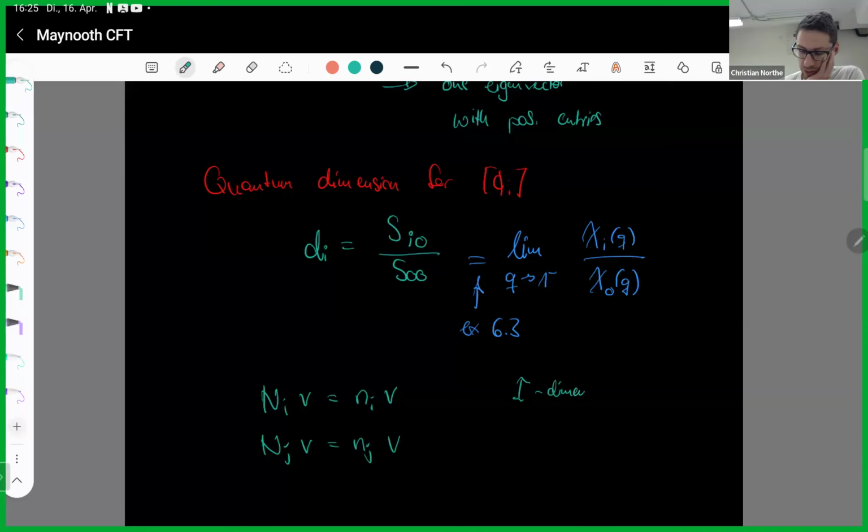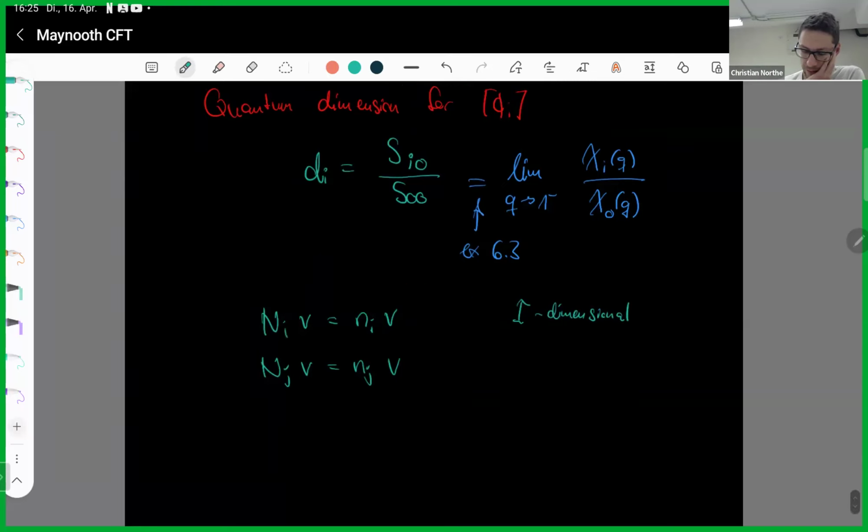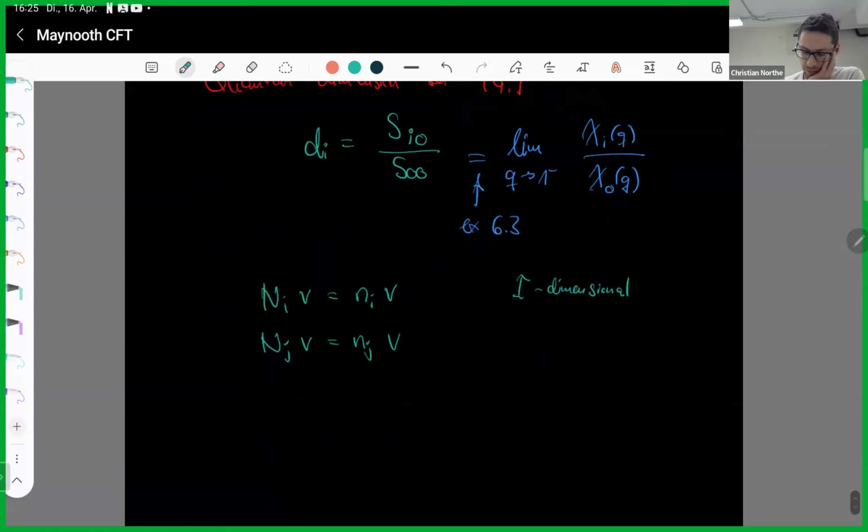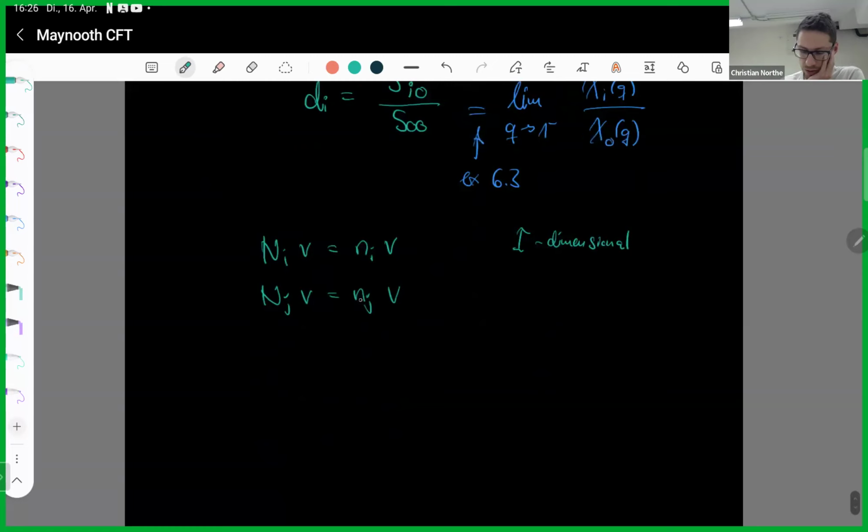So there are going to be several ones. And there's going to be a particular, so this is just a relation, but there's going to be a particular, let's call this vector, what do we call this? V hat, which has as eigenvalue the quantum dimension. So this is a very special eigenvector.